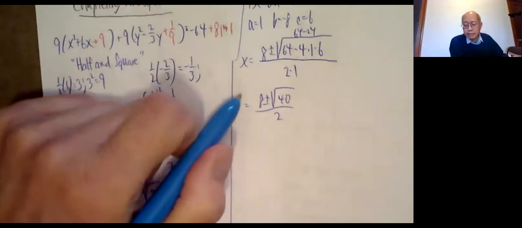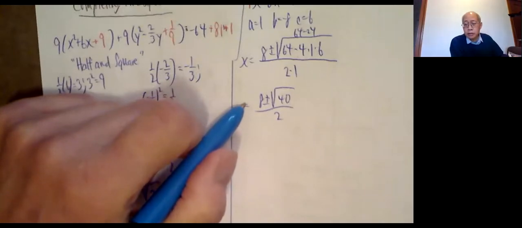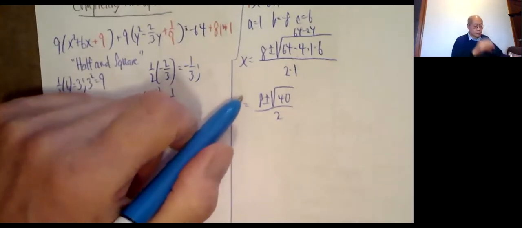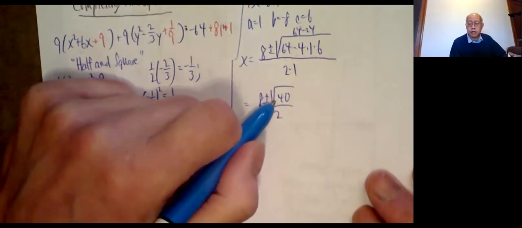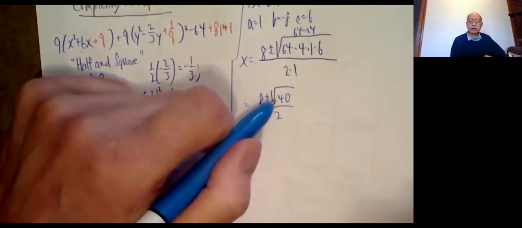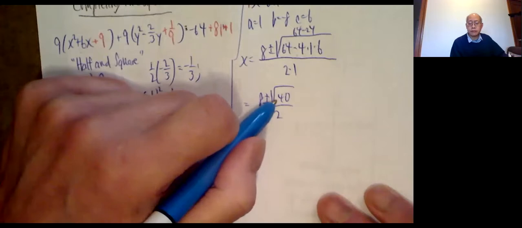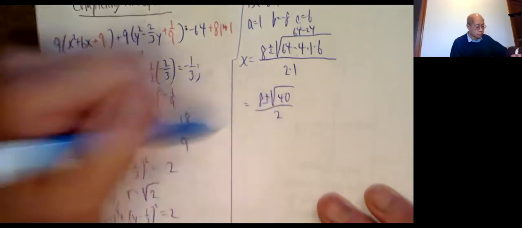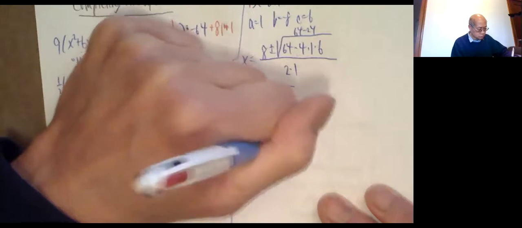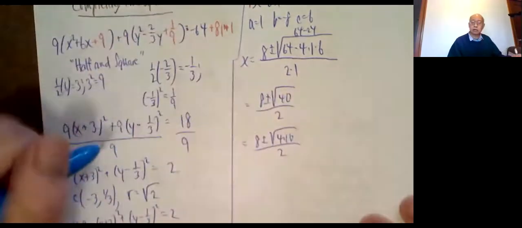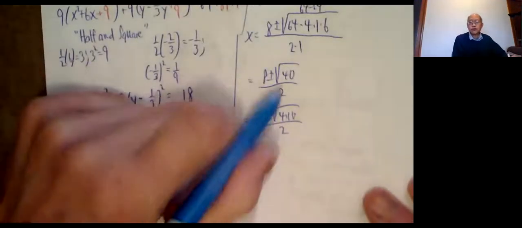Okay, here's an example where you should keep going. How do you keep going? You might recall I can take out a perfect square from 40. What's a perfect square besides 1 that goes in 40? 4, right? Forty is 4 times 10.